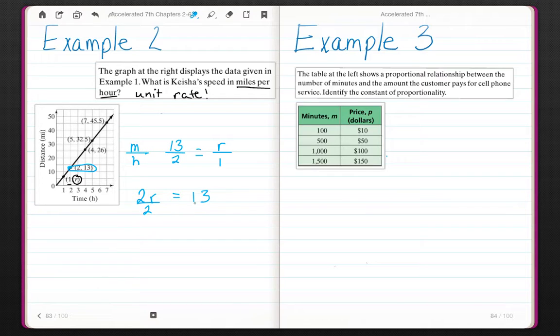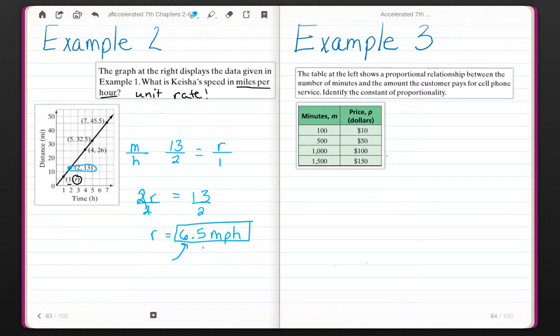Divide both sides by 2. And R equals 6.5. So Keisha's speed in miles per hour is 6.5 miles per hour. Now this number should look very familiar to you from the previous example, and that's because what we were finding in the previous example when we divided was in fact the unit rate.